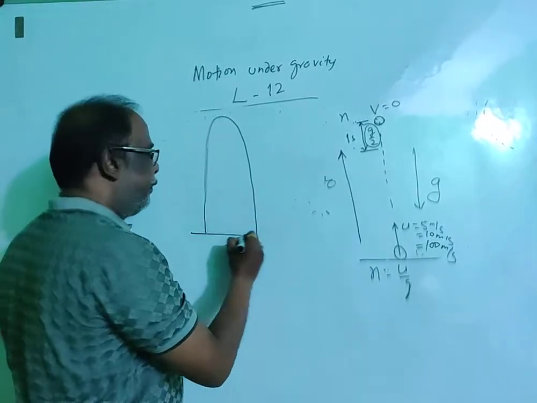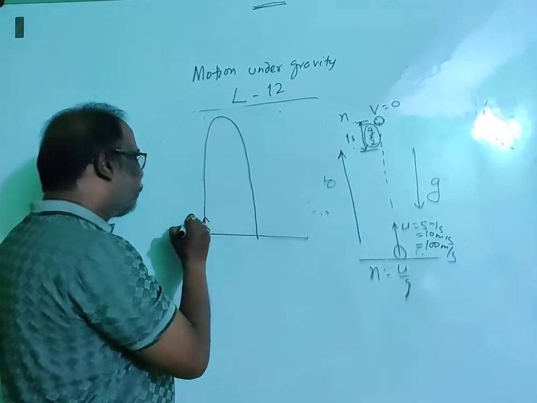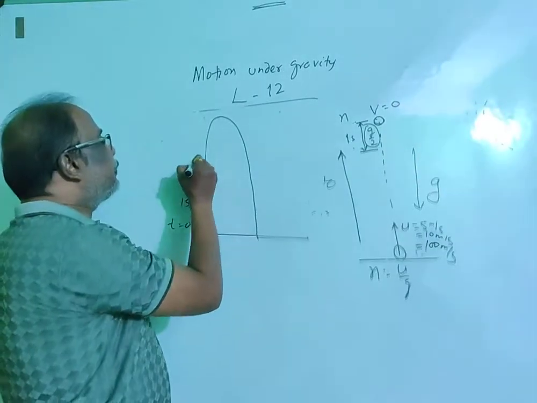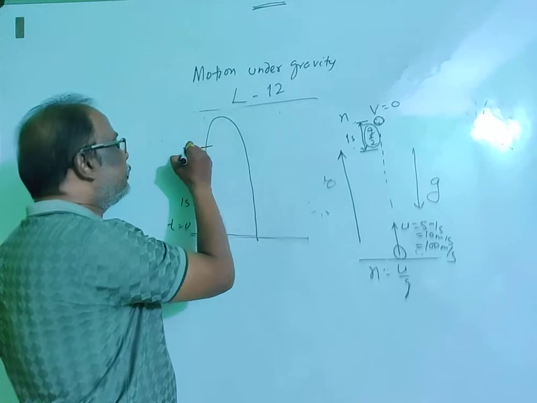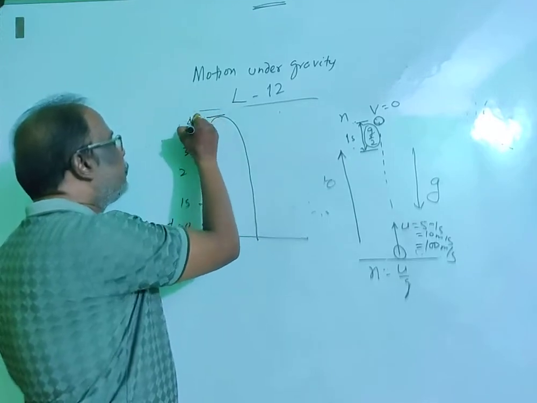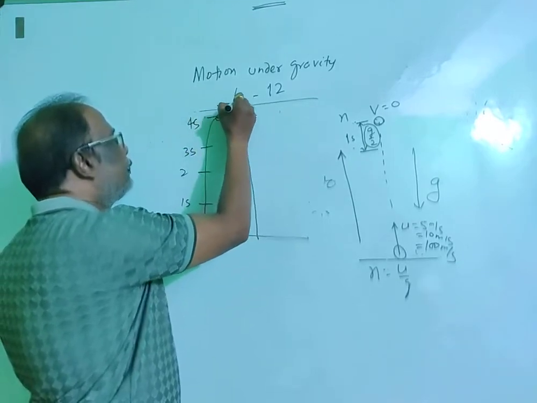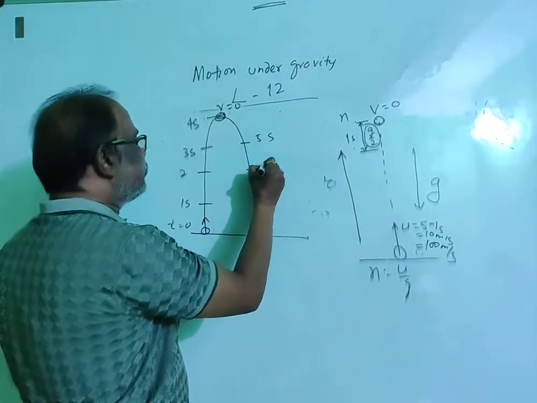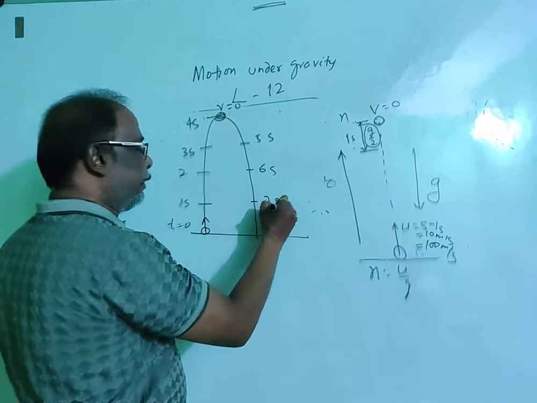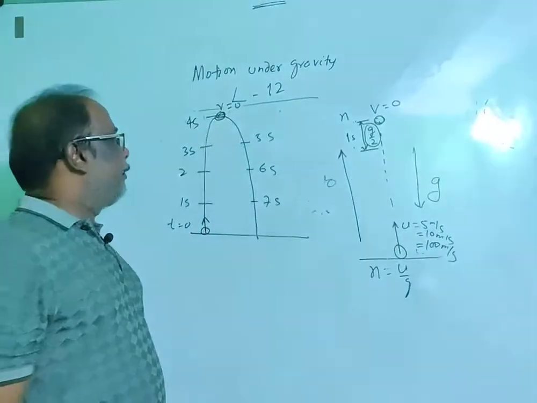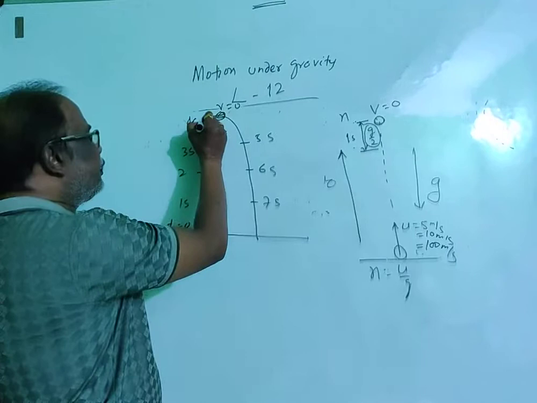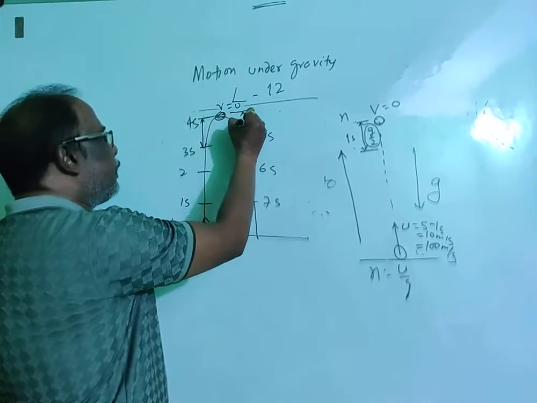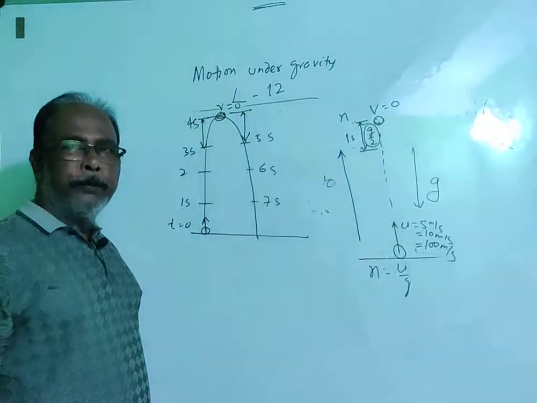You see, suppose a body is thrown upward when time is 0. This is 1 second, this is 2 seconds, this is 3 seconds, and finally this is 4 seconds, and here velocity becomes 0. And this is 5 seconds, this is 6 seconds, this is 7 seconds. Then the distance between 3 seconds to 4 seconds must be equal to the distance between 4 seconds to 5 seconds.